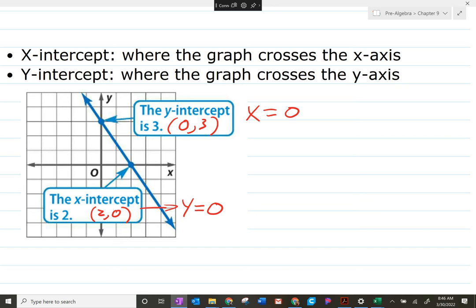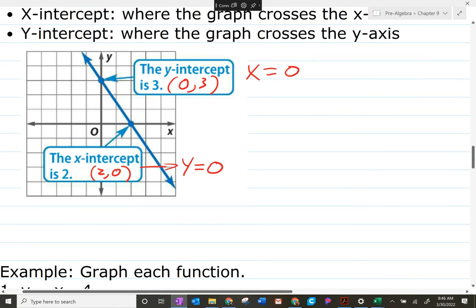The great thing about a graph is if I can get 2 points, I can make a straight line. In looking at these ones, I know that all I have to do is have either my x equals 0 or my y equals 0 to find those 2 points.